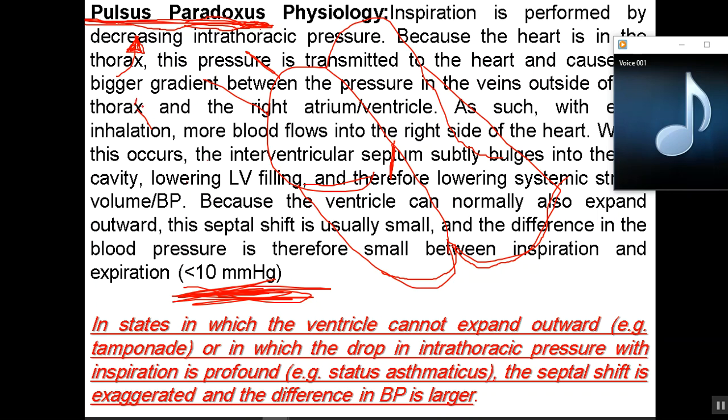As such, with each inhalation, more blood flows into the right side. When this occurs, the septum moves toward the left ventricle, lowering its filling and therefore lowering systemic stroke volume. Normally the ventricle can also expand outward, so this septal shift is very small, and the difference in blood pressure increases to more than 10.